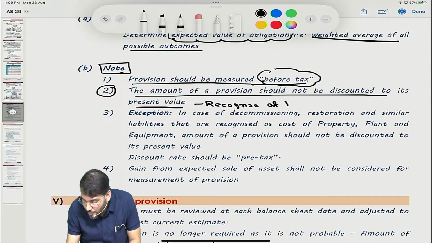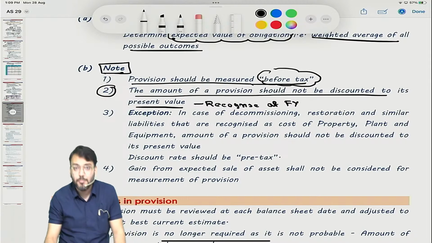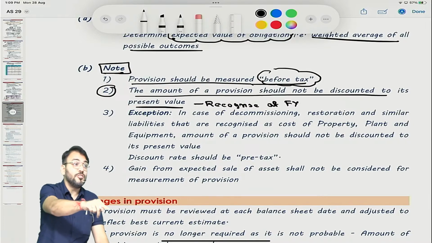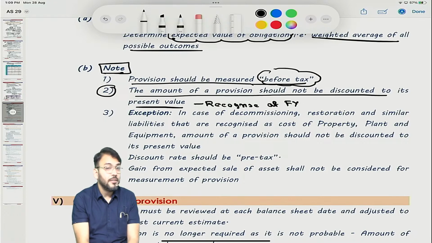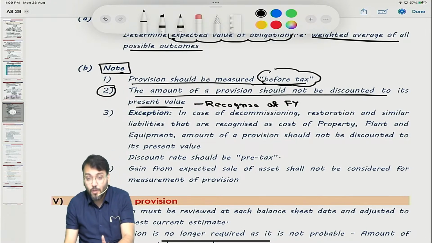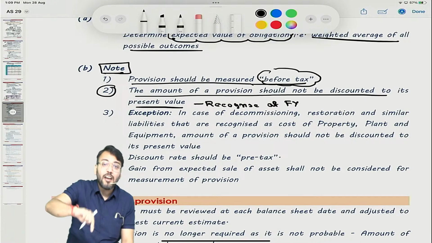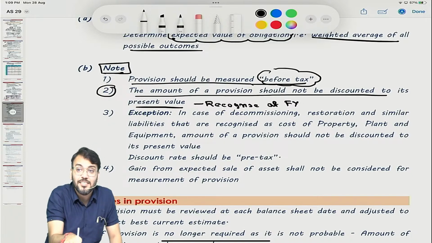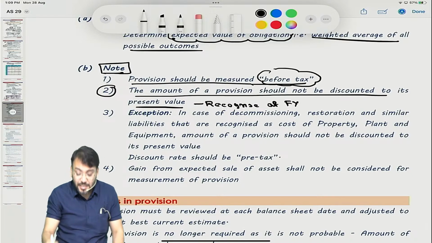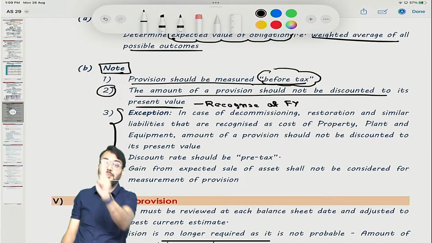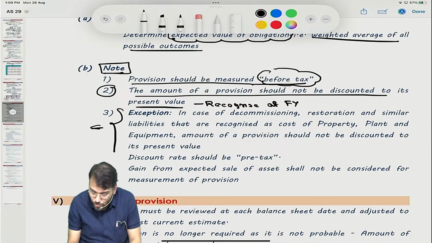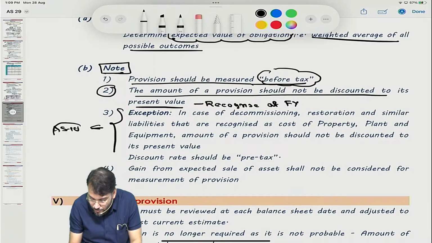Recognize at future value. Because this point number 2 is now relevant for MCQ questions. They will ask this type of question. You will be in trouble if you are not able to understand. Correct? So can you see the amount of provision should be 10 lakh, not the present value of 10 lakh, as per AS 29? 10 lakh. But there is one exception to this rule. Only one exception, where they say present value. This I will teach you in AS 10 coming soon.